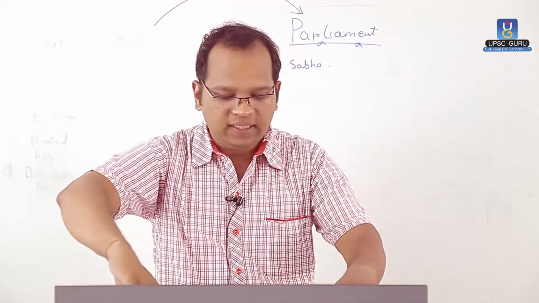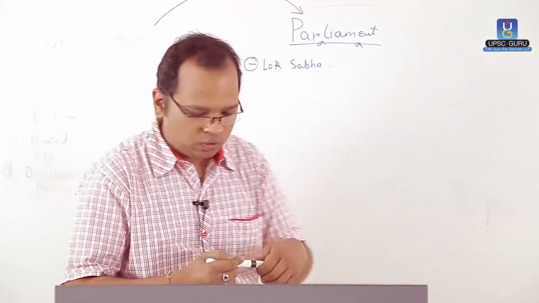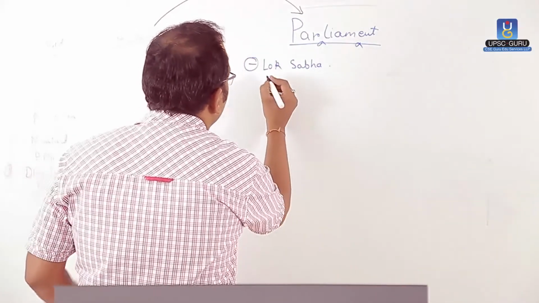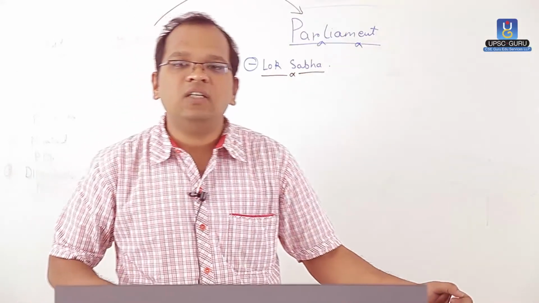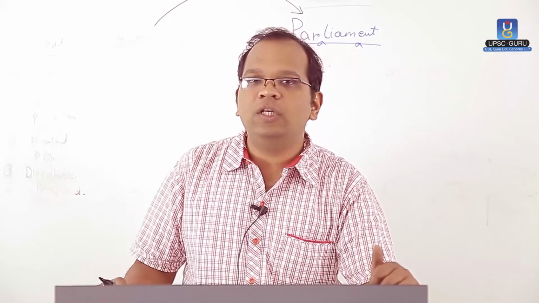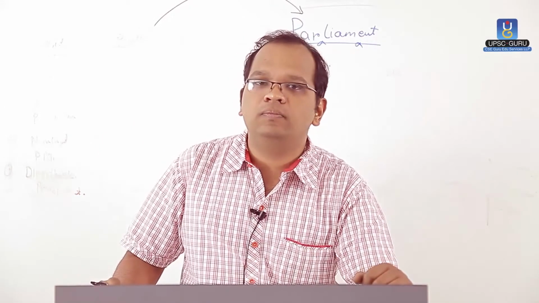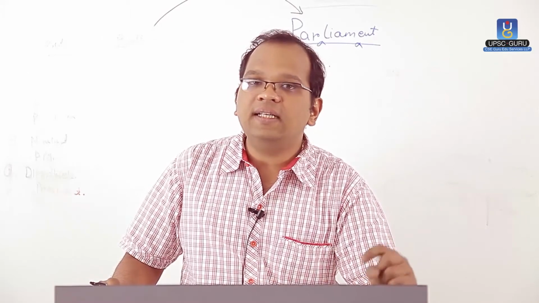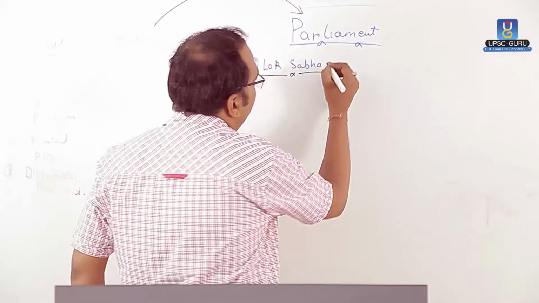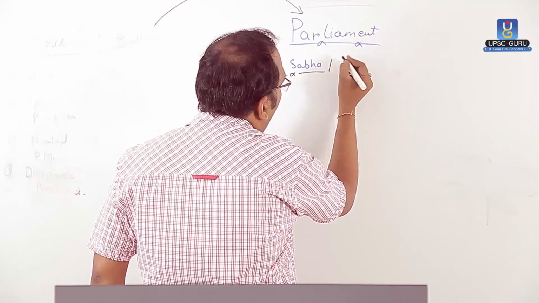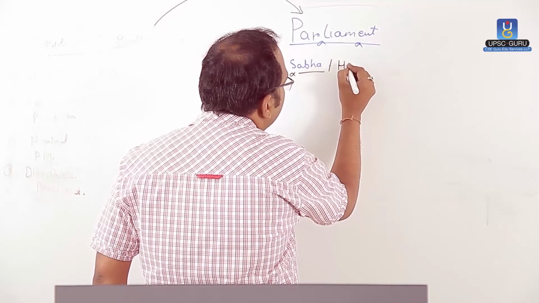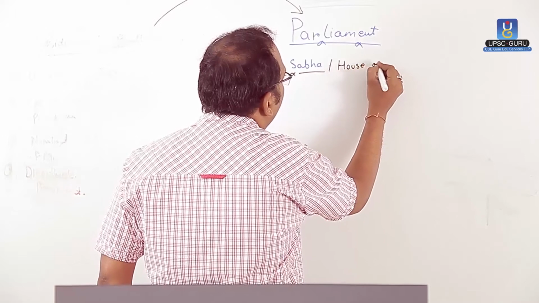Now, what are the aspects we need to study for our Lok Sabha? So this is the first, your Lok Sabha. Now, what is this Lok Sabha? Lok Sabha is actually a representation of people. Another name of this Lok Sabha is lower house, or we can say House of Commons.